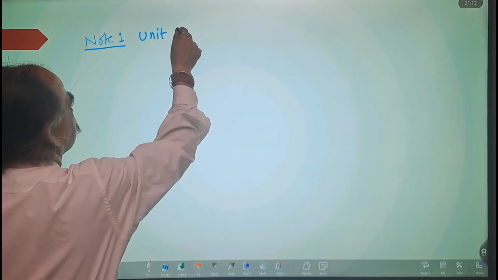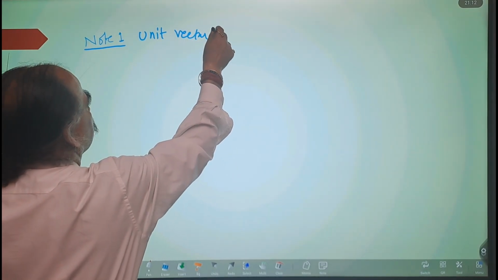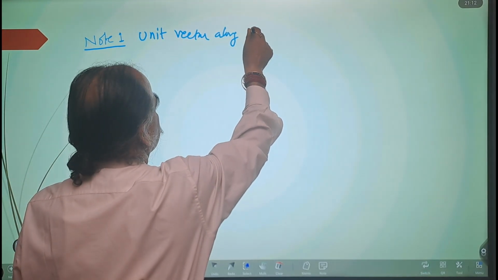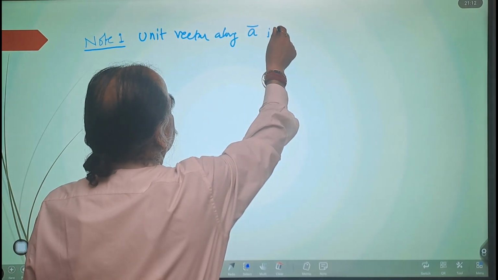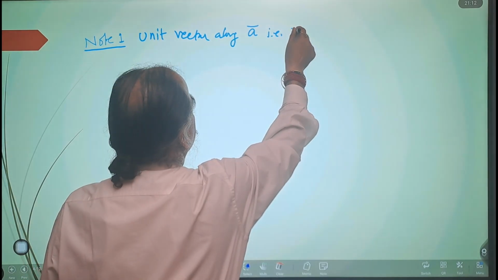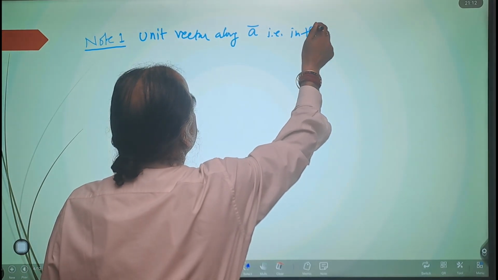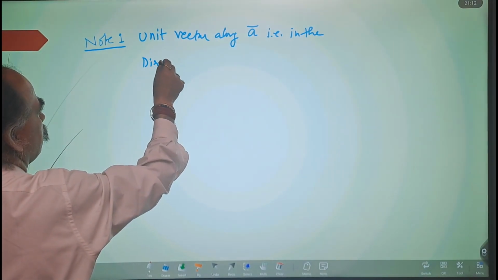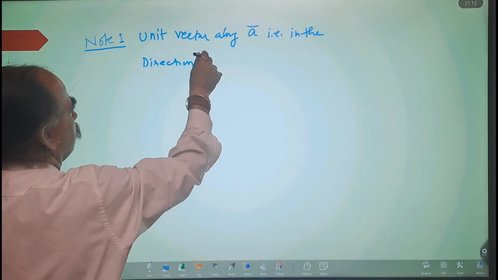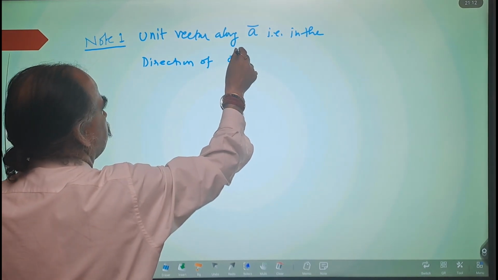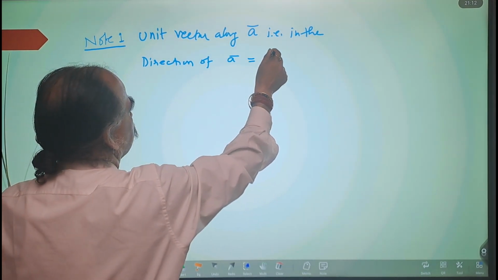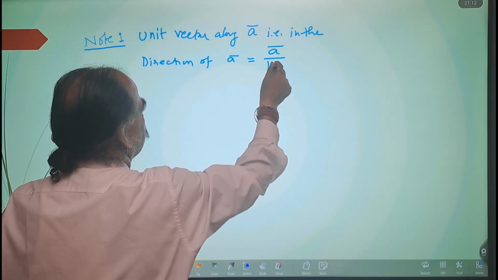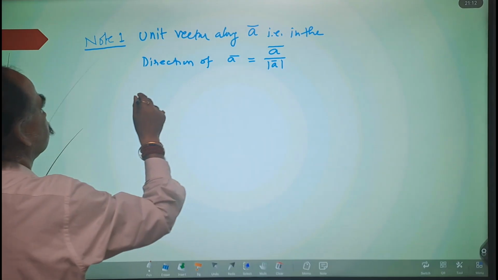Unit vector along a bar, that is in the direction of a bar, is equal to a bar upon mod a bar.